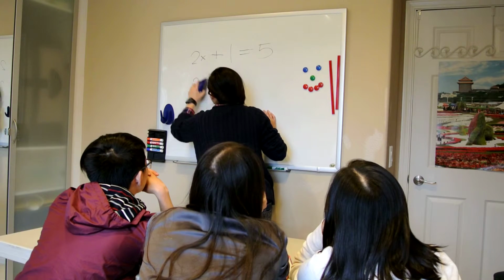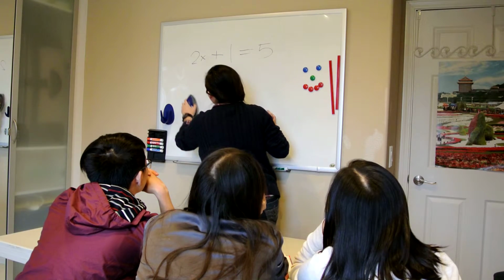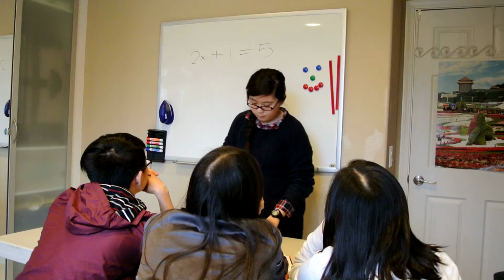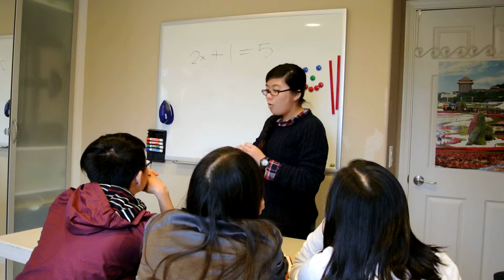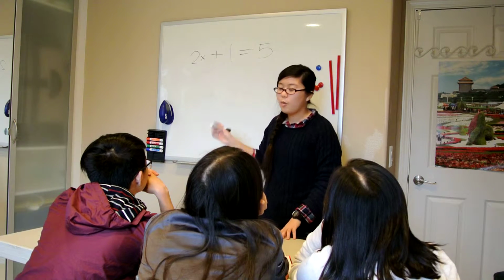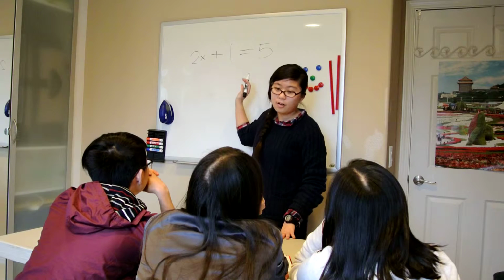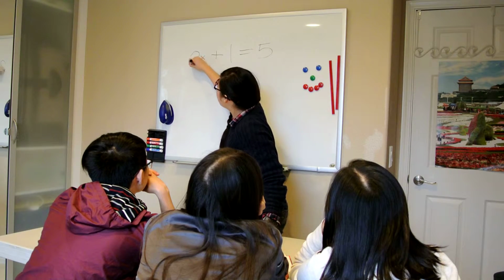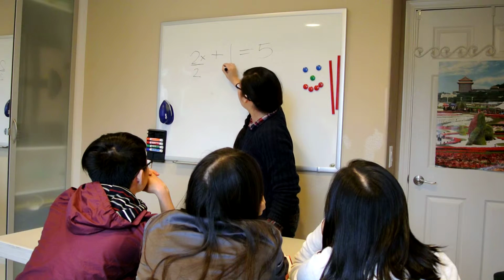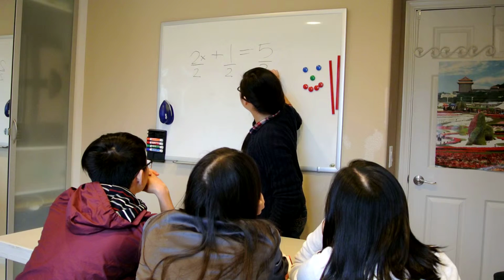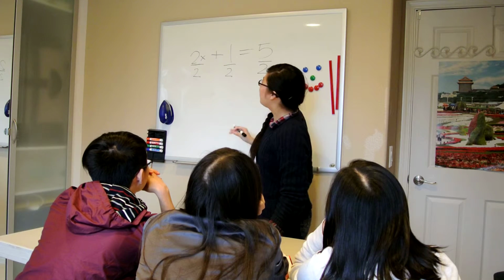Now, when we do any sort of multiplying or dividing regarding equations, we have to do it to each term on each side. So when we divide by 2, we have to divide 2x, we have to do 1 divided by 2, and we have to do 5 divided by 2. That way everything is equal.